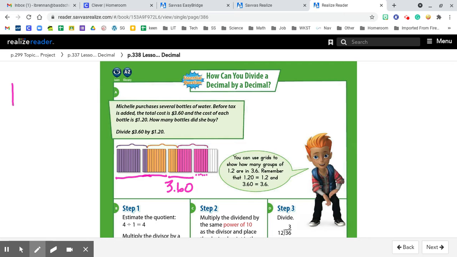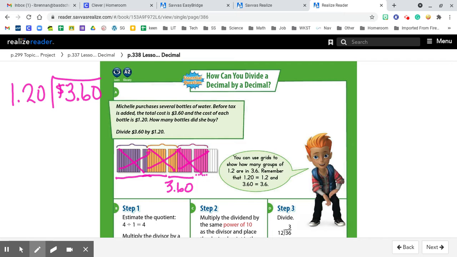So what we're trying to see is, when we have $3.60, how many $1.20 bottles of something can we buy? So in this case, we're going to shade in $1.20, that was purple, another $1.20 orange, and another $1.20 pink. So that tells us we can shade in three different amounts there.